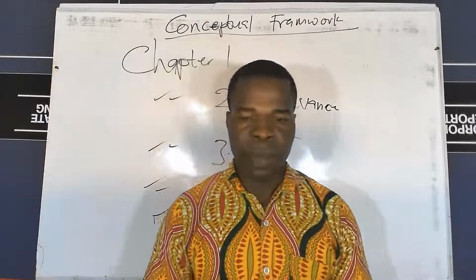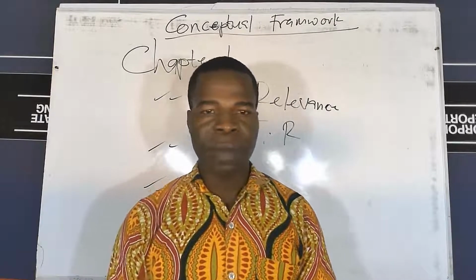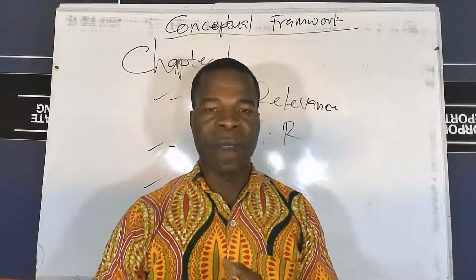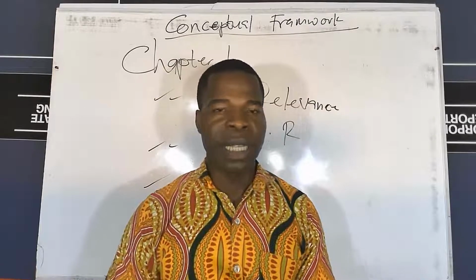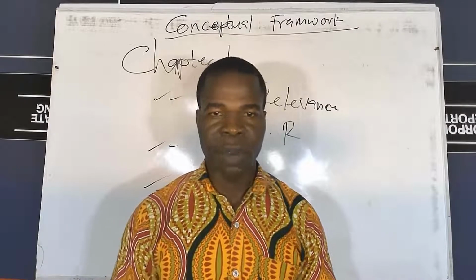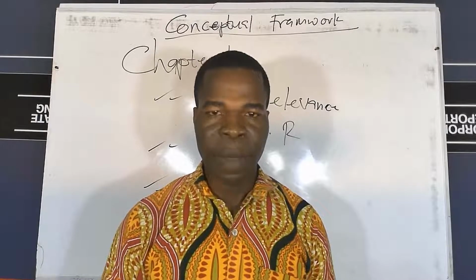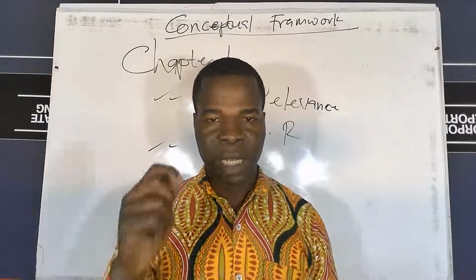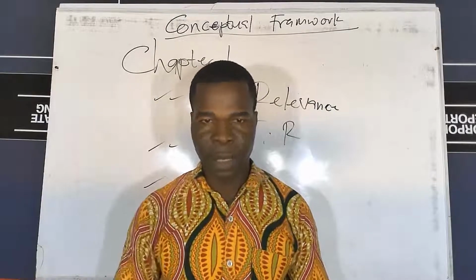And before an item is supposed to be recognized in the books of the entity, it is supposed to meet the fundamental qualitative characteristics, that is faithful representation and relevance. It also has to meet the definition of asset and liability before that particular item can be capitalized or captured in the books of the entity.